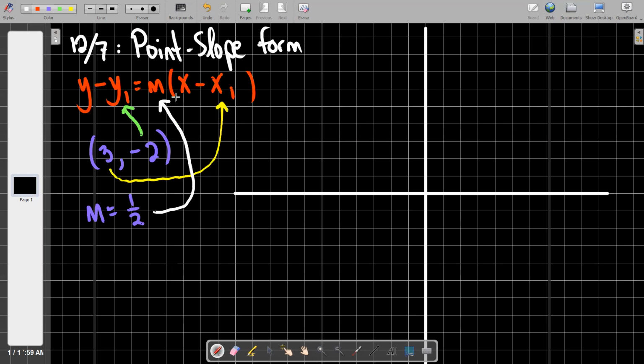We're not interested in things like where the graph crosses the y-axis. We're interested in a point and a slope, and then we are required to write our equations in this format. That's what we're going to practice today.